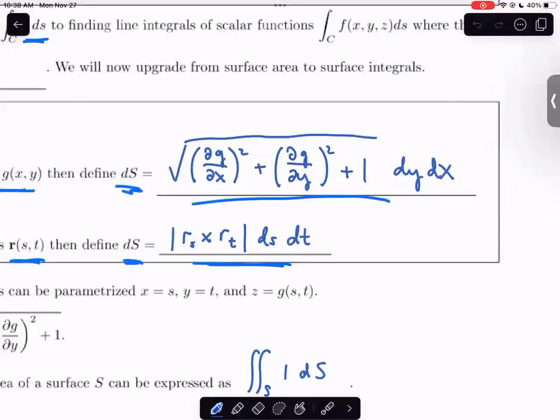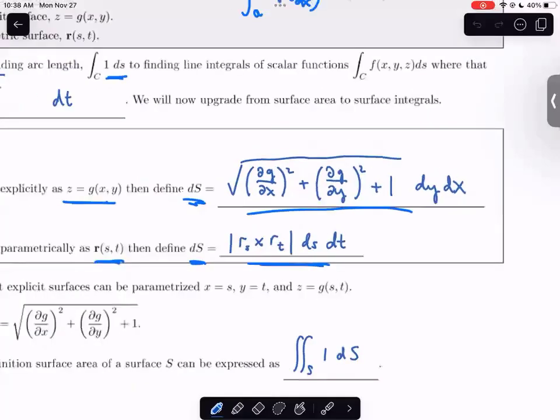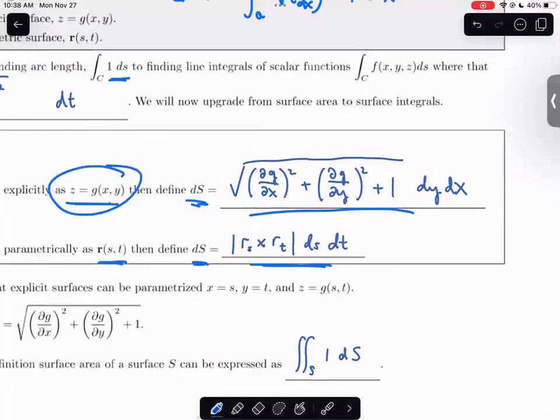When we evaluate our surface integrals with this dS, you could either use the parametrically defined dS, or if you have a z equals function with some number of x's and y's, you can take derivatives of those, square them and add them together, throw them under a square root, and that can be your dS. So that's what we're going to be using in this case.